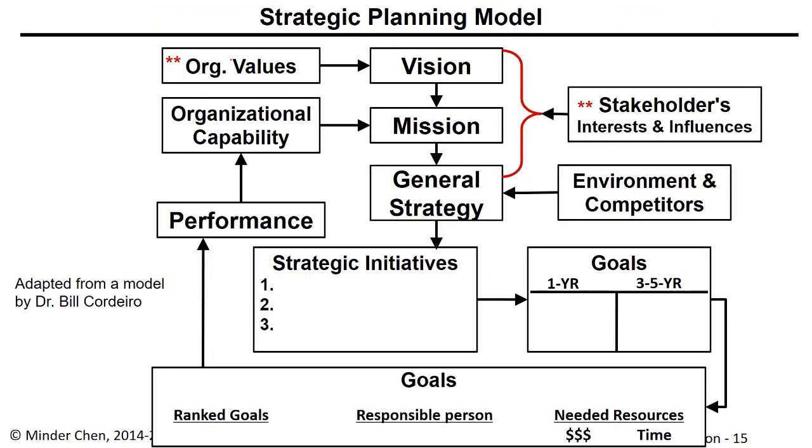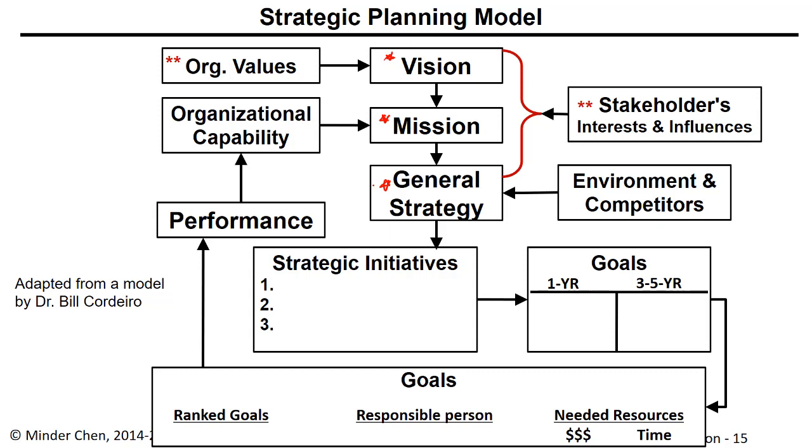Let's first review the strategic planning model that we introduced last time. The strategic planning process starts with defining your vision and then developing your mission statement, and eventually you would formulate your business strategy in achieving your mission.